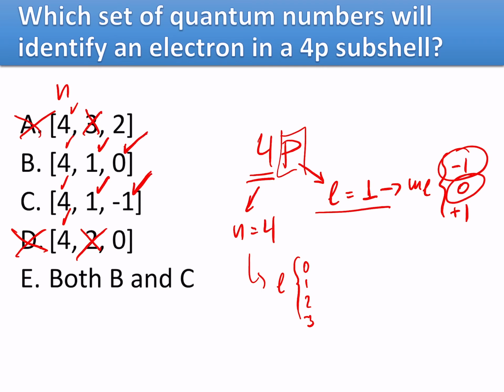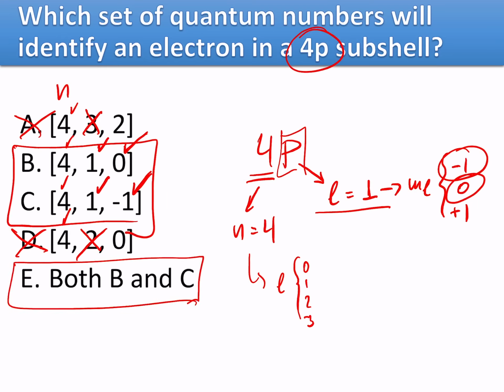So these two sets of numbers will represent an electron in a 4p subshell. Okay, so the answer is actually E, both B and C. Those are sets of quantum numbers that will represent a 4p electron.